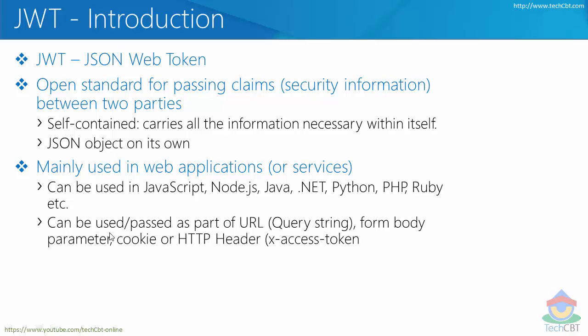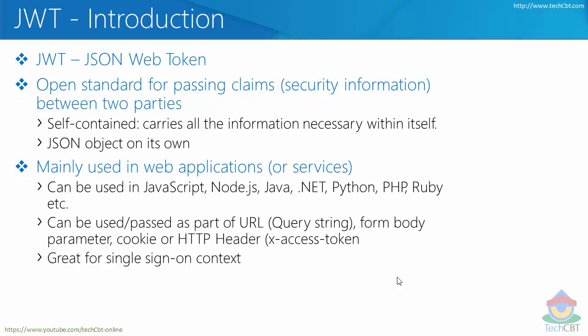You can use any of these three: a query string, a body parameter using form post, or a cookie or HTTP header to pass all that information to the server.